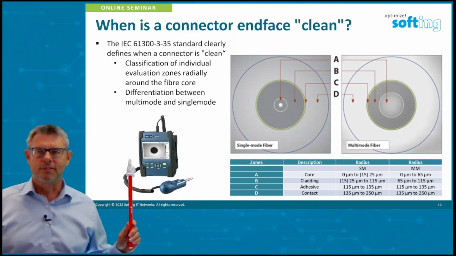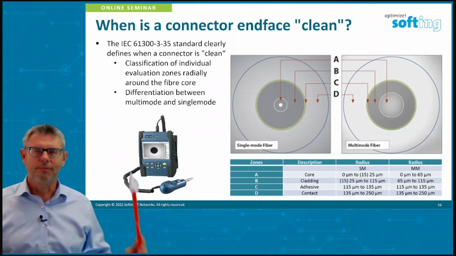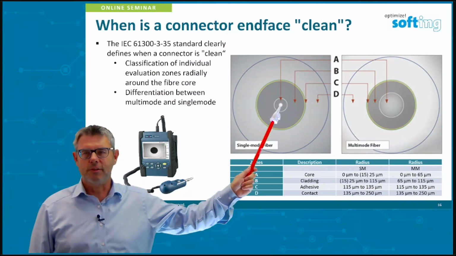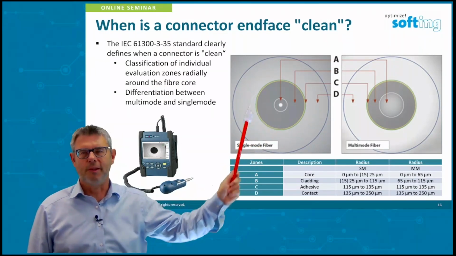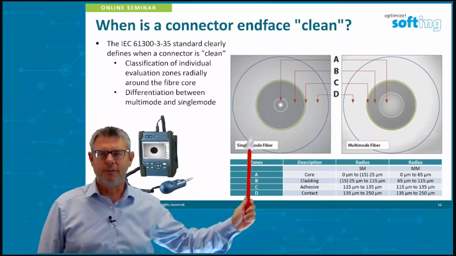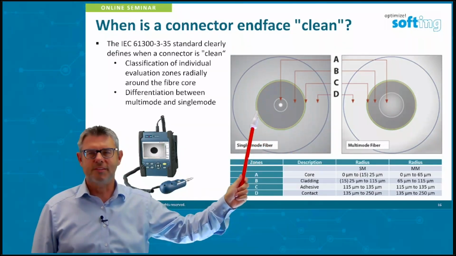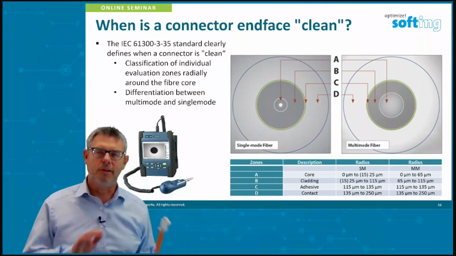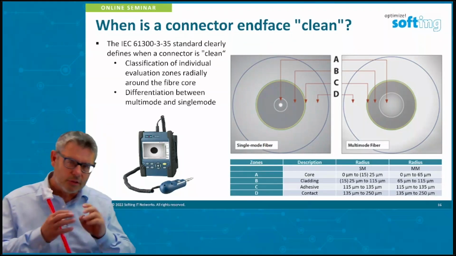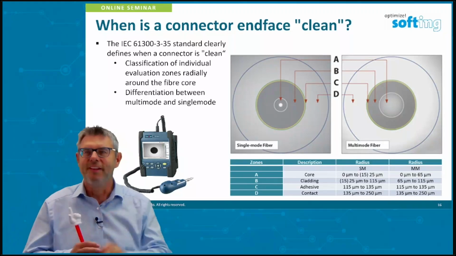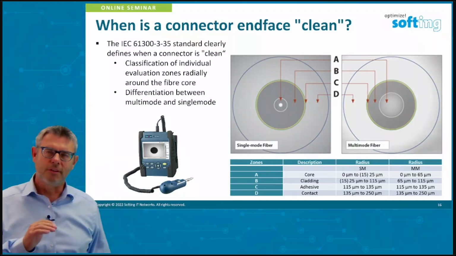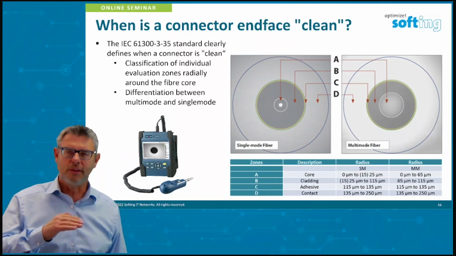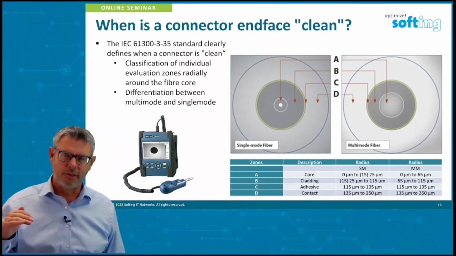The picture is loaded into the tester, here an OTDR. Then the software puts circles around the core, 4 circles, depending on single mode or multi-mode, at a distance from the middle, and allows a certain amount of dirt or breakage in every area, but makes sure that this level is not influencing the data transmission over this connector.